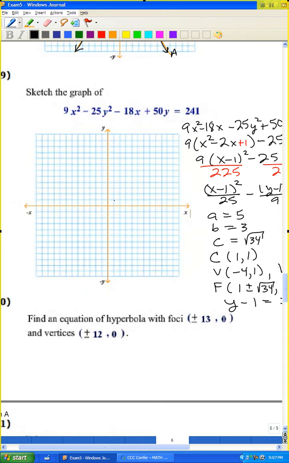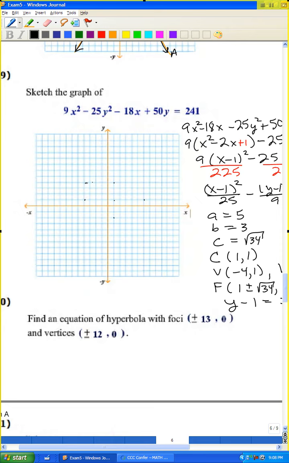I will go 5 in the x: 1, 2, 3, 4, 5. 1, 2, 3, 4, 5. 1, 2, 3. 1, 2, 3.